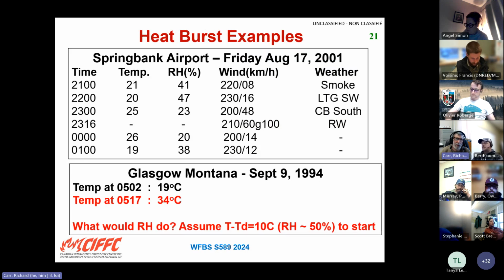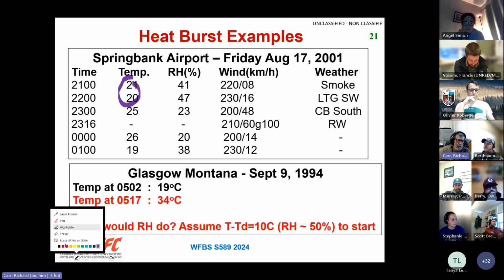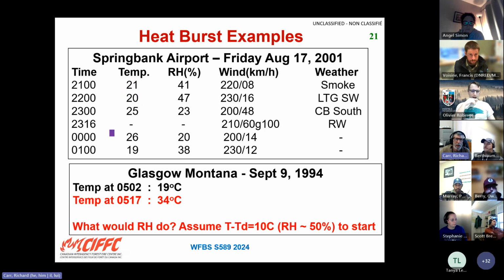A couple of examples of those: Springbank Airport, just west of Calgary, Friday, August 7th, 2001. You can see the temperature going into the overnight period is pretty reasonable for the time of year, kind of a summer day.